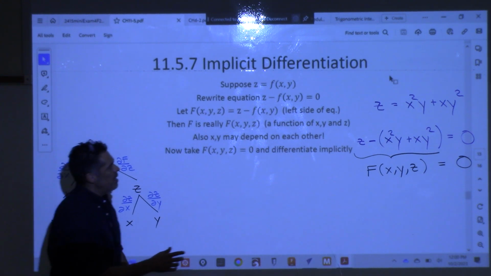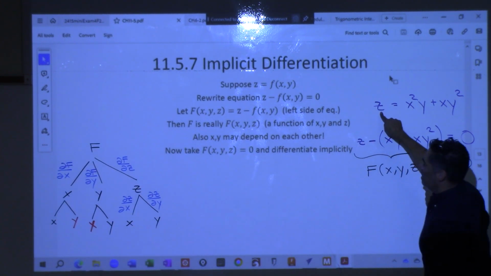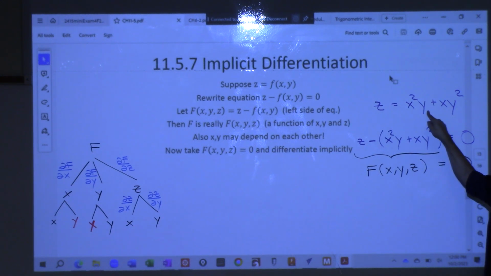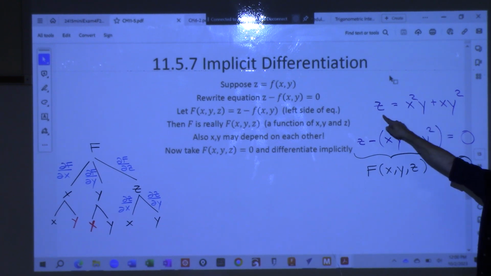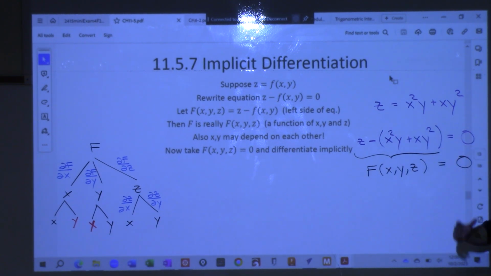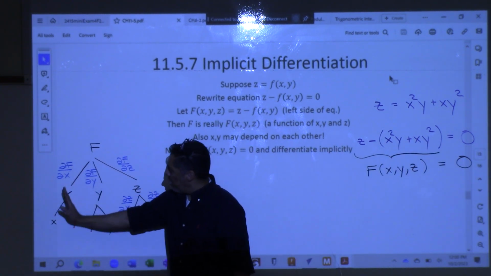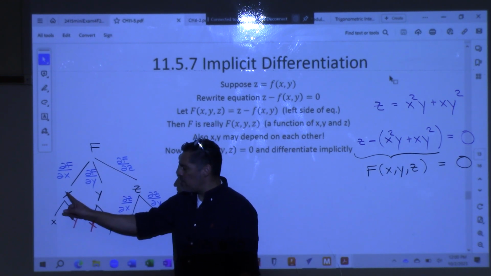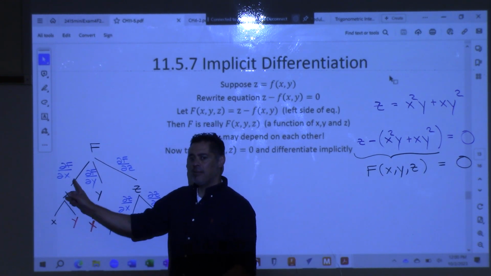Look at this equation right here. If you were holding z and y constant, could you tell me what x is? Yes? Imagine z is some constant and y is some constant. Then do you know what x is? So could you argue that when you're down this branch, if you're holding z and y constant, then x will depend on y. You give me y, I could give you x then.